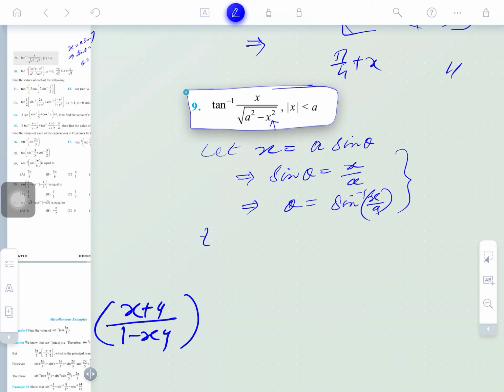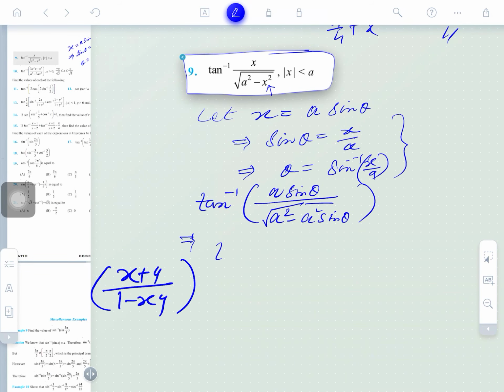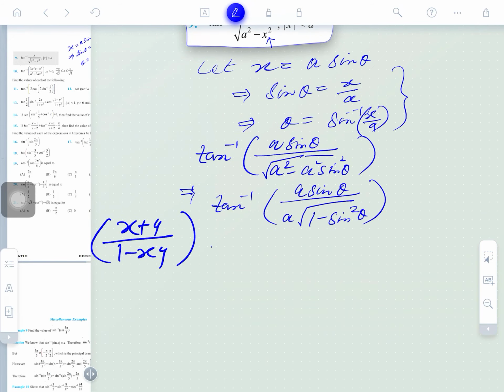Clear? Now, tan inverse of a sin θ by root of a square minus a square sin square θ. Tan inverse of a sin θ by a, taking 1 minus sin square θ in common. So what will that be?